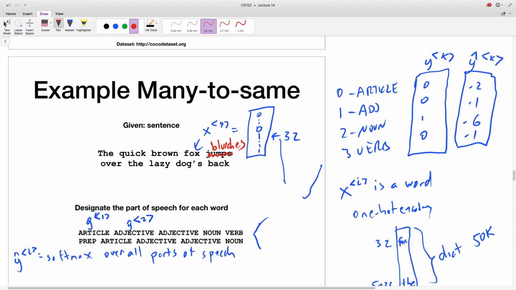We might have a verb later on. But how do we know that this is more likely to be a verb than an article? It follows a noun. So what state information might we want to keep from this state to this state? That we just saw a noun. We want to keep it in our H, right?